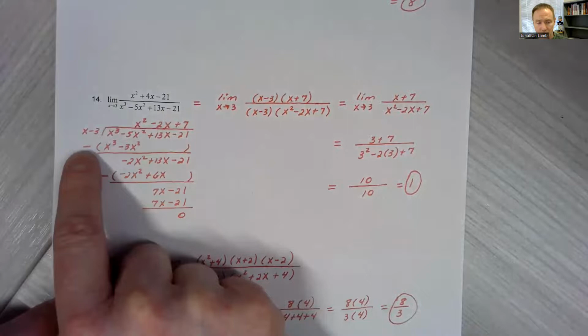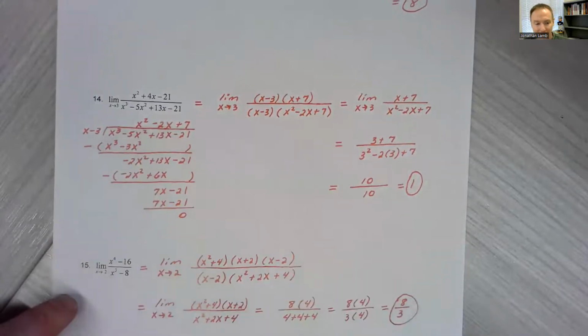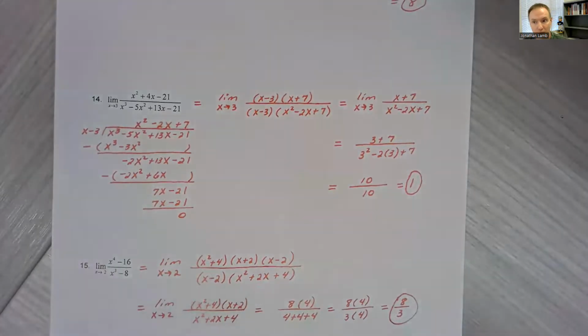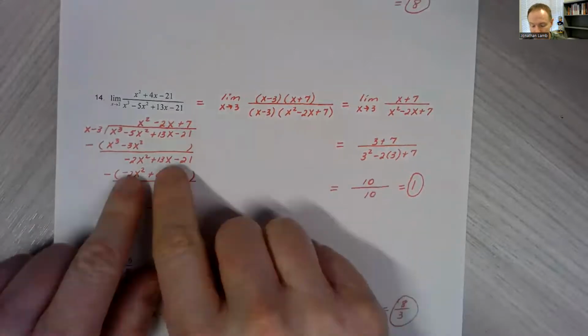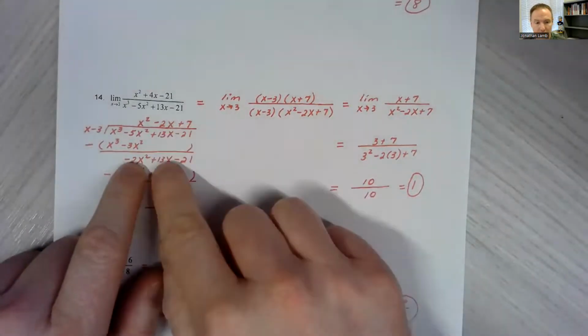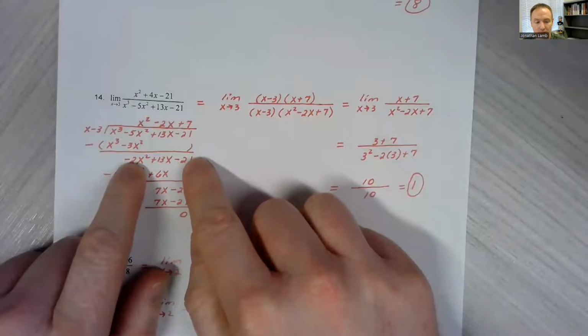We subtract those terms out. The x cubes cancel. Your next term would be minus 5x squared plus 3x squared. That's giving me a minus 2x squared. Then I just bring down my next 2 terms.